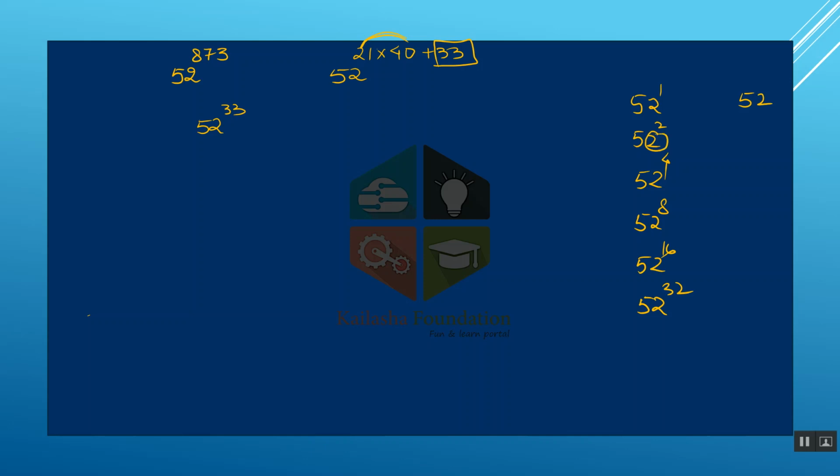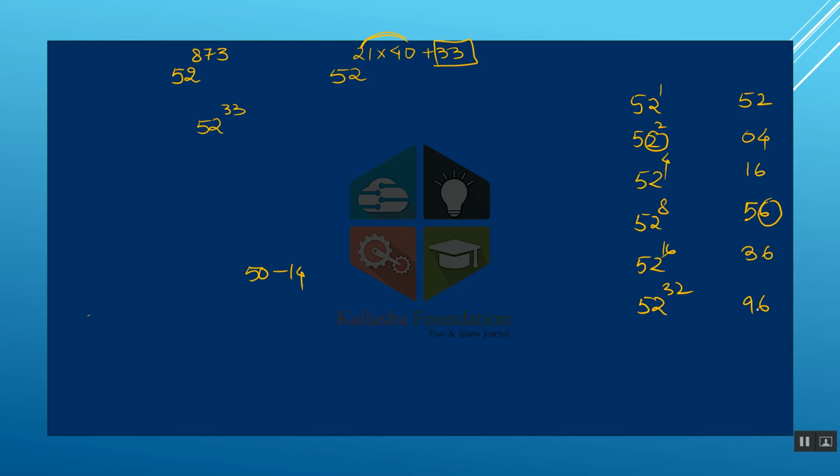Now 50 plus 2, so 2 square is 4, 04. Then 16, 256, so 56. 50 plus 6, 6 square is 36. 36 is 50 minus 14, so 14 square is 196, so 96.